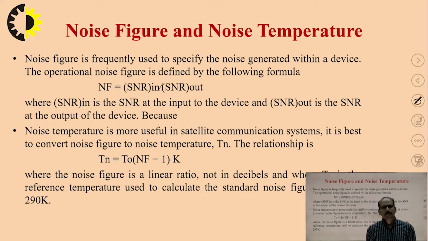Then the next part came into the picture, and that is related to satellite link design. When we are talking about satellite link design, to design a satellite system, we have to create a ground segment and a space segment.